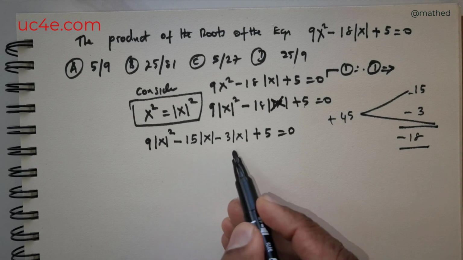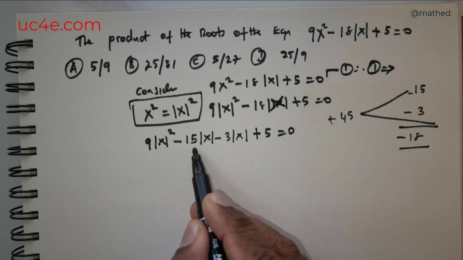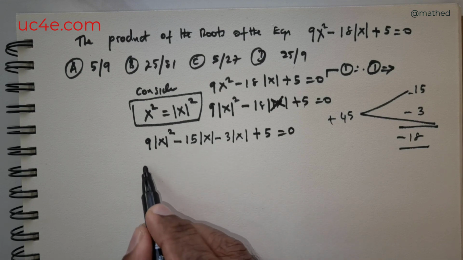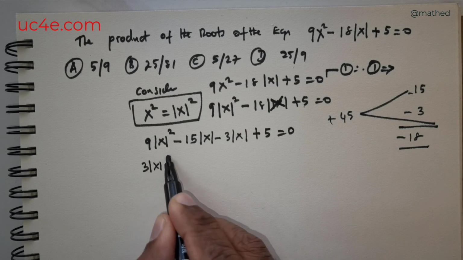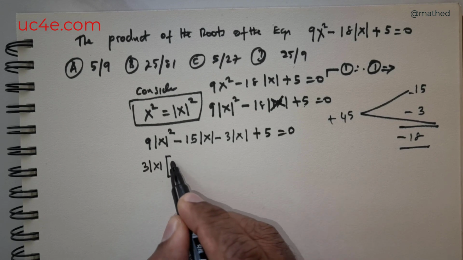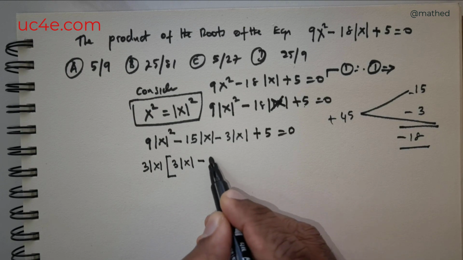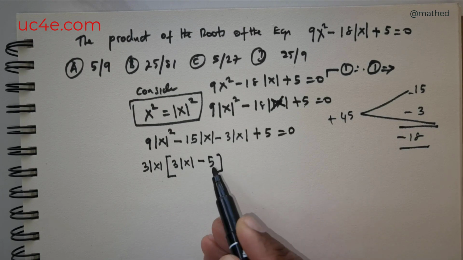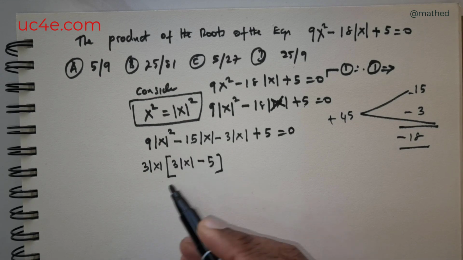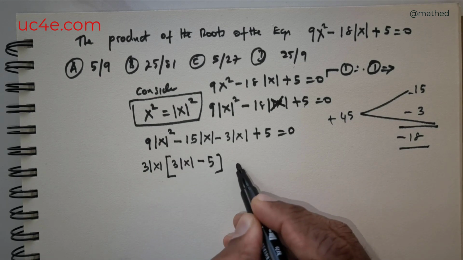Now between 9 and 15 I will take out 3 modulus of x. This gives 3 times modulus of x, followed by negative 5, because 5 into 3 gives me 15 with a negative sign, followed by modulus of x.